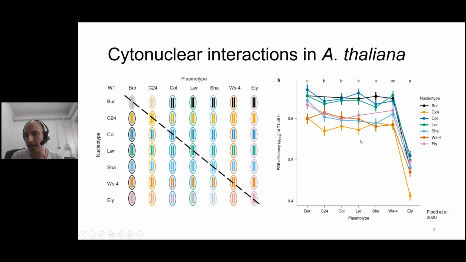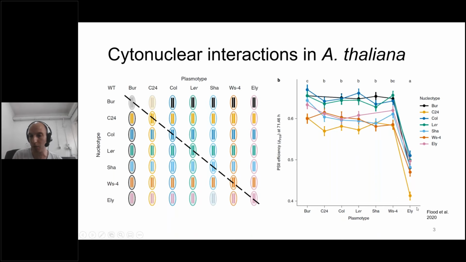We can also see that there are various sizes of effects. For example, for those first 6 plasmotypes, the effects, although they are there, vary, and the performance of the two nucleotypes varies, and sometimes even the order between them varies.